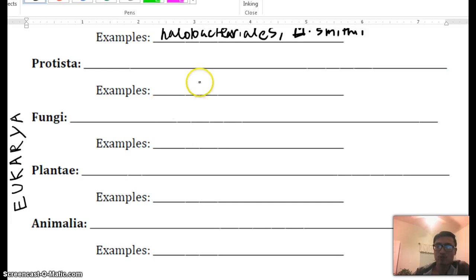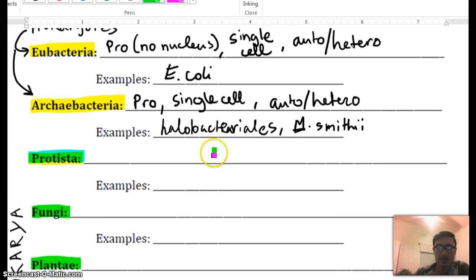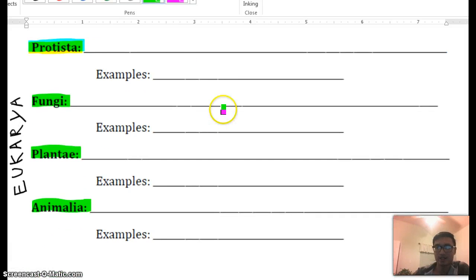Right. So Protista is kind of a catch-all group. And to be honest with you, it's kind of faded into obscurity as time has gone on. Actually, let's use a different color since these are going to be eukaryotic. So we have our first two prokaryotic kingdoms, and we have four eukaryotic kingdoms.